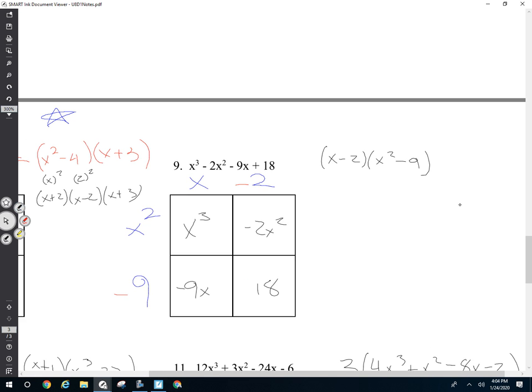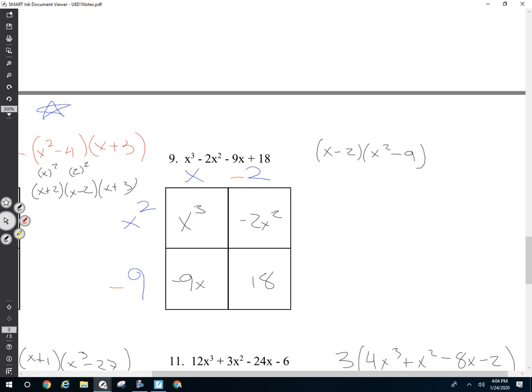Look at this guy. Oh, x squared minus 9. What's that? X plus 3, x minus 3. X squared is x squared. 3 squared is 9. This is a difference of squares.